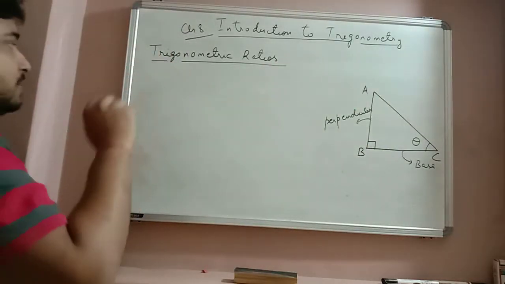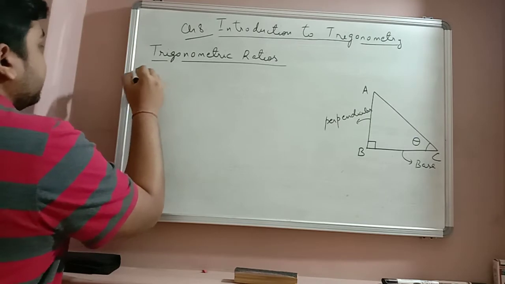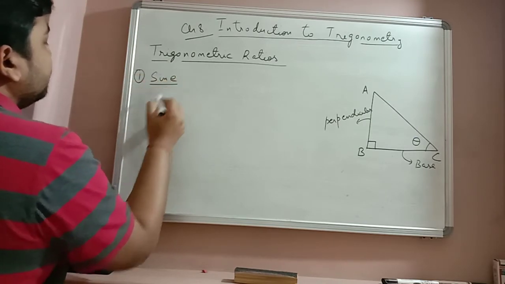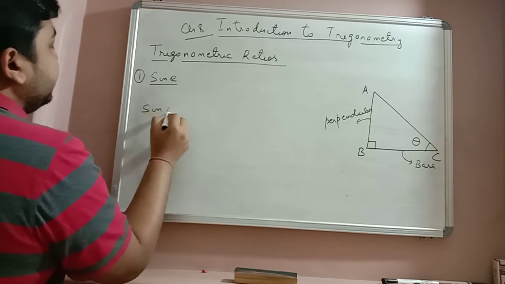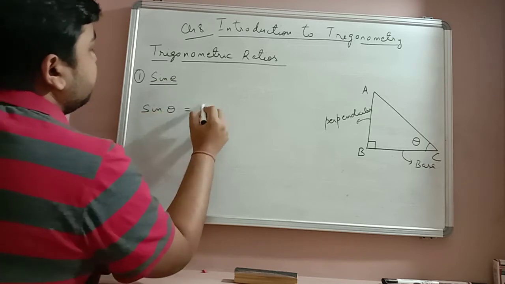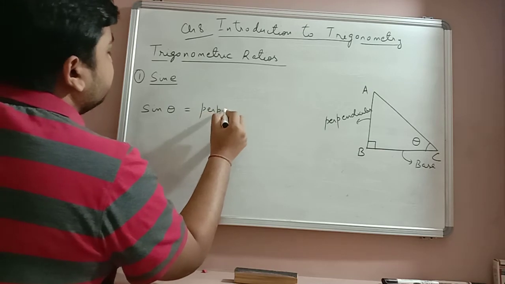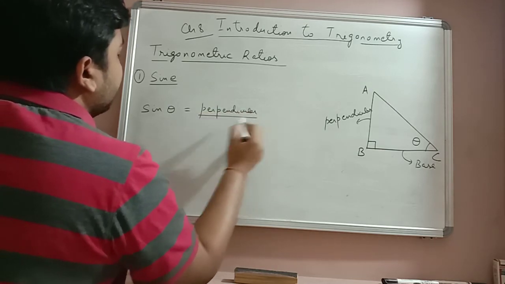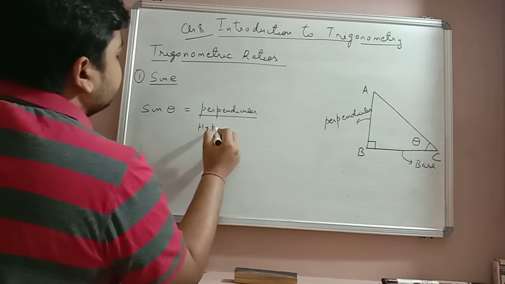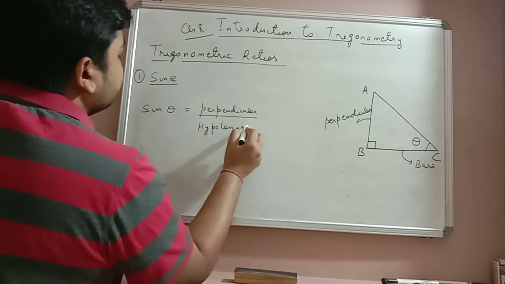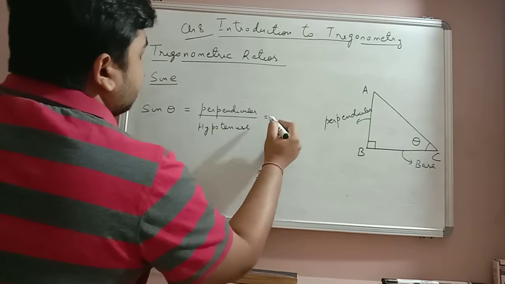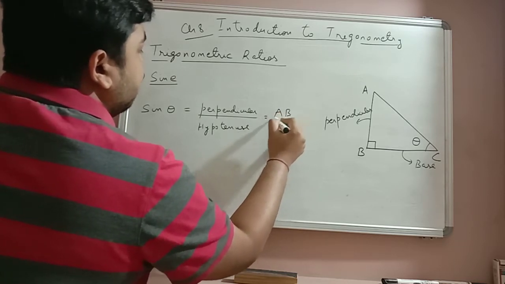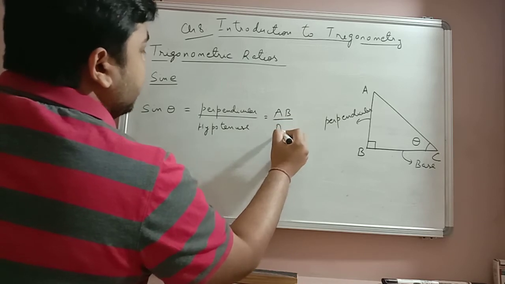Now based on this triangle, the first ratio is sine of theta. That is the sine ratio, and we write it like this, sin theta. This is given by perpendicular upon hypotenuse, that is AB upon AC.